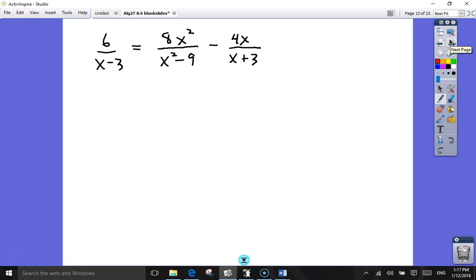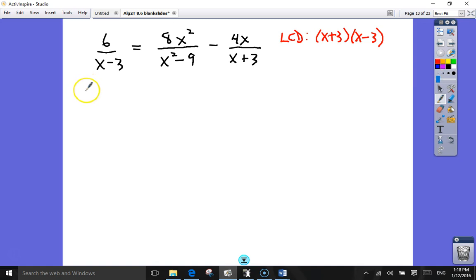So I'm going to do the same problem, but this time I'm not going to add the 2 on the right. Instead, I'm going to find the LCD, which is the same thing, right? LCD x plus 3 times x minus 3. Okay, then I'm going to multiply both sides times that. Go back to blue.